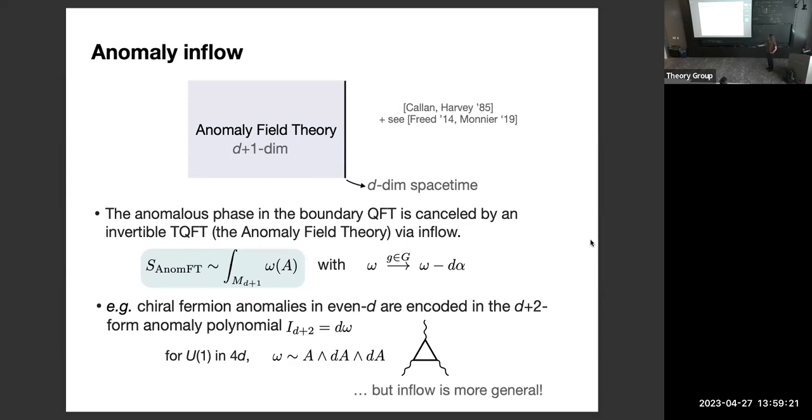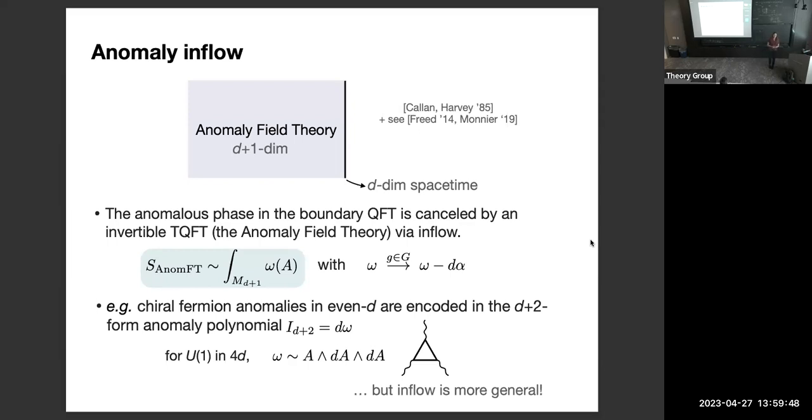So, for example, for a U(1) anomaly in 4 dimensions, this action will look like the 5D Chern-Simons action, A dA dA, and this chiral anomaly would be captured by these sorts of triangle diagrams. So maybe this story is familiar to you, and this inflow story is familiar to you.